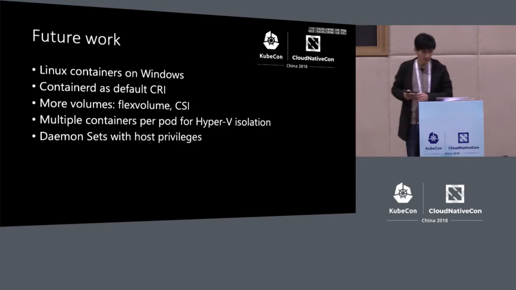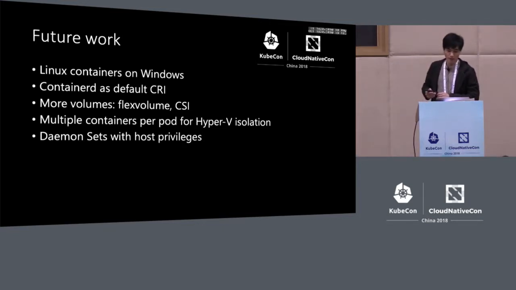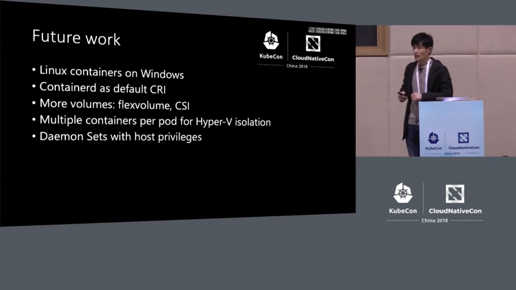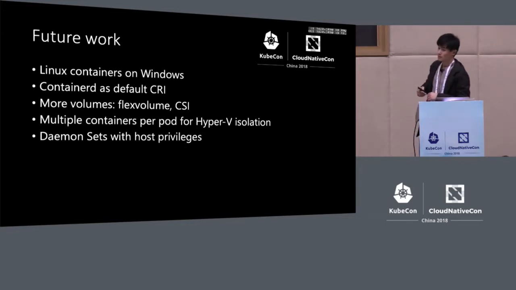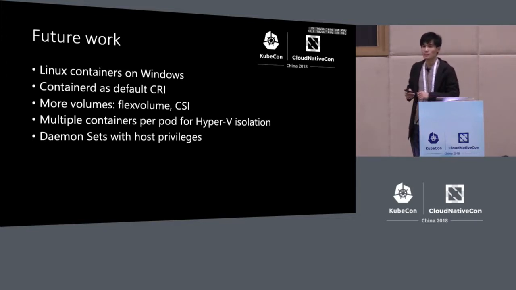For the future development of Windows containers, we also have our thoughts. First of all, we know that Windows supports Linux. On Windows Server or Windows 10, you can use it to run Linux containers. So in the future, on Kubernetes, we can also go this way, through the Kubernetes API to manage the Linux containers.